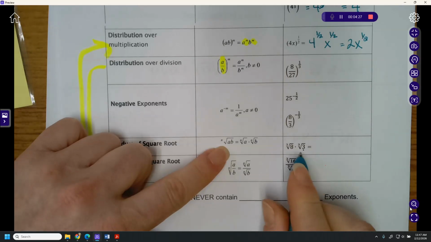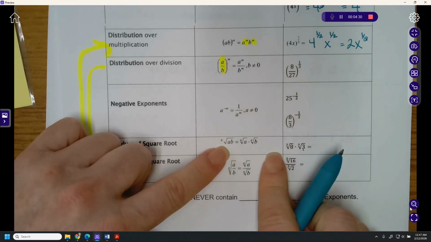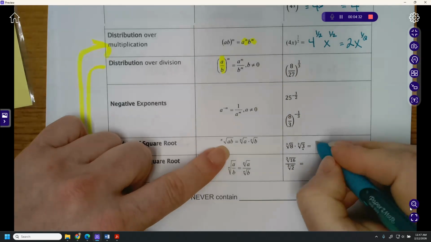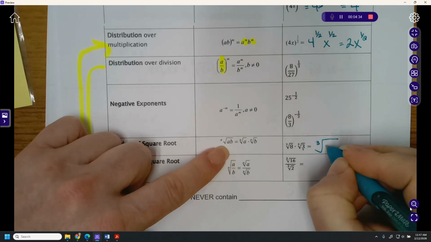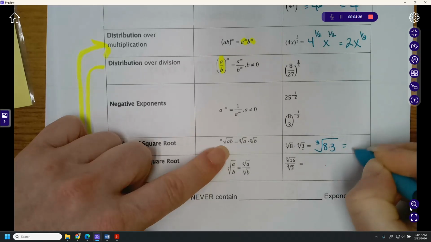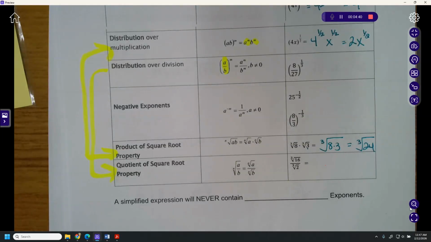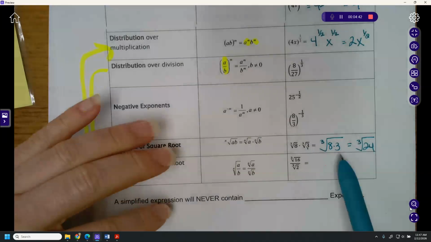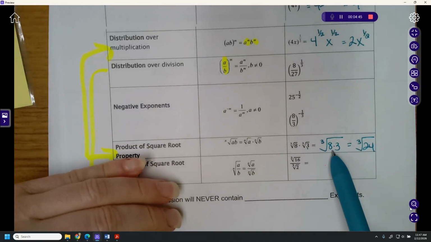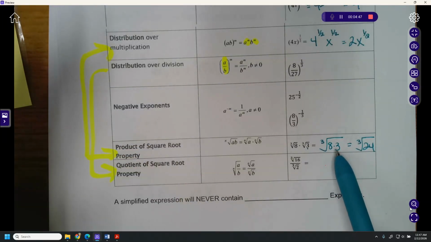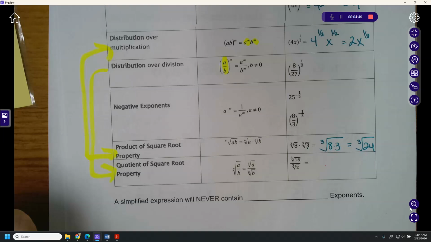You could simplify them individually. Like I actually know the cubed root of it, but I could also put them together as the cubed root of 8 times 3, which is the cubed root of 24. Now, depending on what the goal is, if I wanted to simplify, I'd have to go back and take out the cubed root of 8 anyways. It depends on what the goal is.